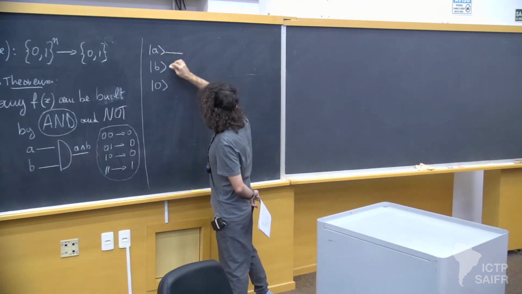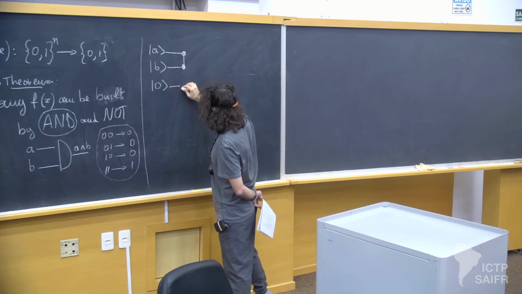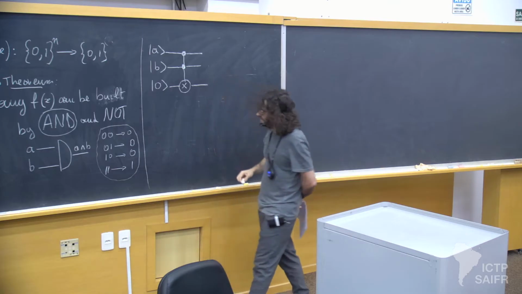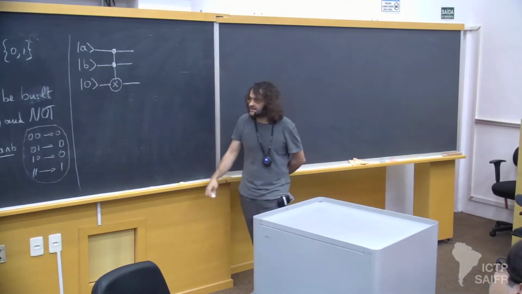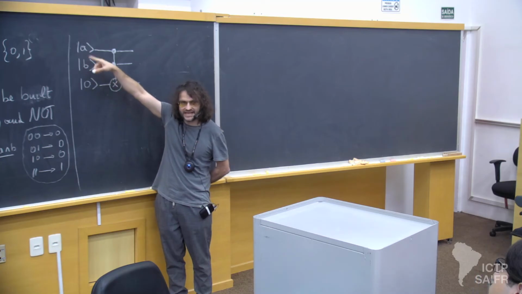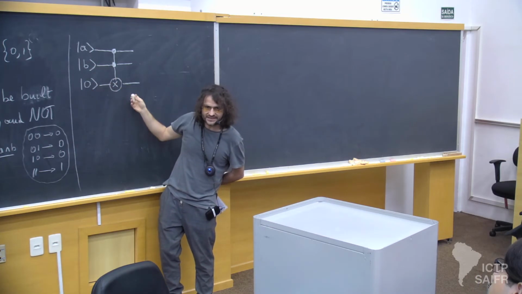Then you apply a Toffoli. It should be quite easy to see that if just one of A and B is 0, nothing will happen to this qubit, and so we will get 0.